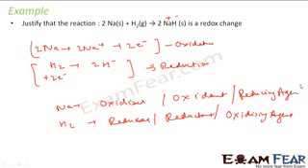Please don't get confused here. Reducing agent is the one who gets oxidized and helps others get reduced. So what is an agent? For example, a marketing agent or sales agent. A sales agent is one who sells the thing, right? He won't buy. A sales agent is not the buyer. He is the one who is selling.